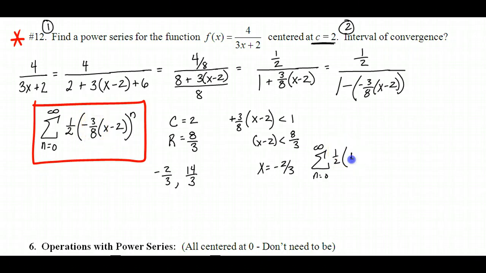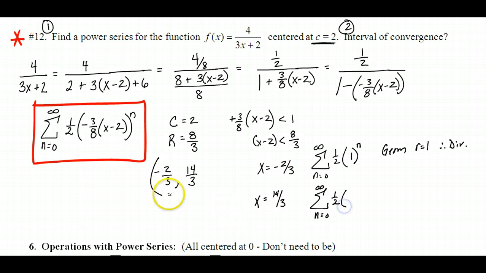That should give me a positive 1. That's to the power of n. Weird, this is geometric. Common ratio is equal to 1. Therefore, negative 2/3 diverges.